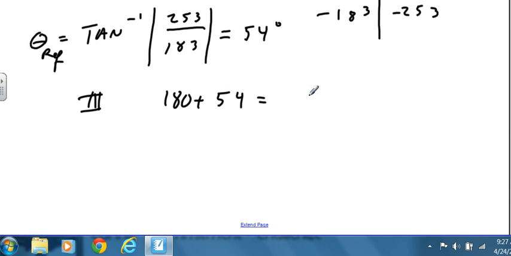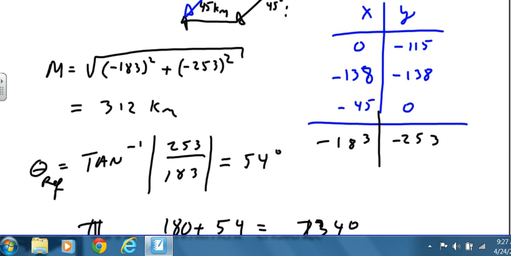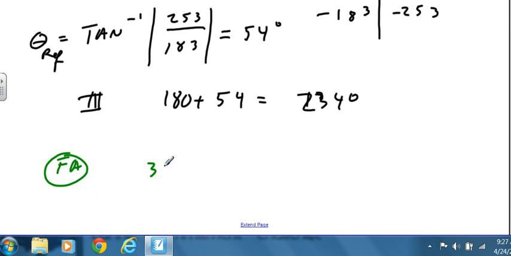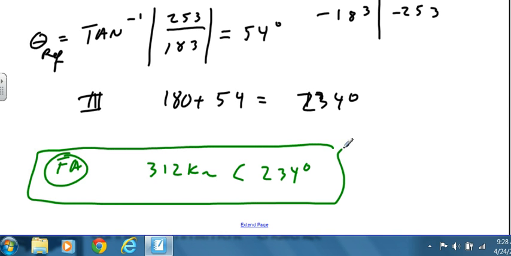So my angle is going to be 234 degrees. So my final answer is going to be 312 kilometers at an angle of 234 degrees. And then I go back and see what I have for significant digits, and I have 3 significant digits everywhere, so I will keep my 3 significant digits in my final answer.